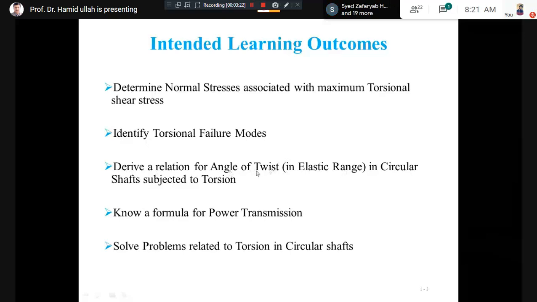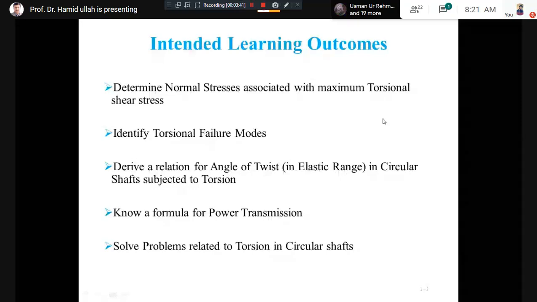But in this case, it is angular deformation, because the load is torsional load. So what is the formula for the angle of twist, so that when you need to calculate the angular deformation, the formula can help you?